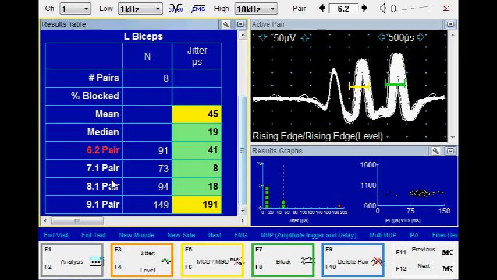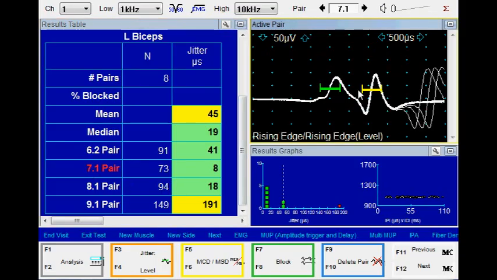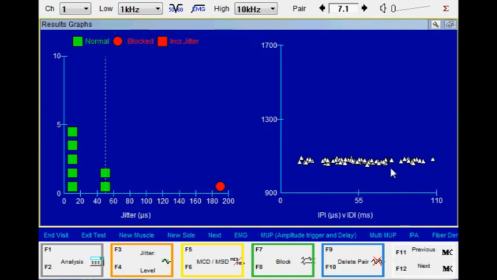As soon as I choose an action potential pair, it will automatically bring the traces on the right hand side. We also have a summary of result graphs. I'm going to maximize this window, and this is a plot of the interpotential interval versus interdischarge interval. This is useful to study the effect of firing rate. Now this is specific for that particular pair.